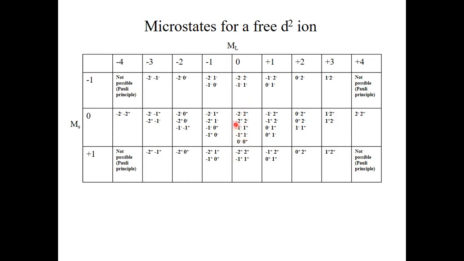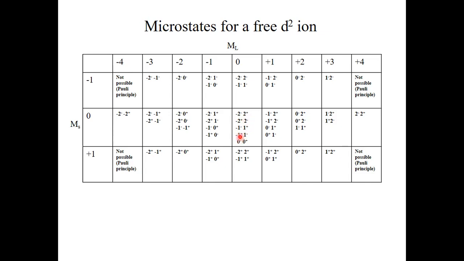Okay, then you can also have the combination that one electron has the ML value of -2, the other one has the ML value of +2, but the first electron is spin down and the second electron is spin up.